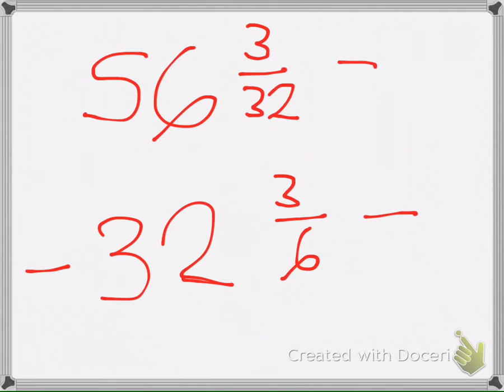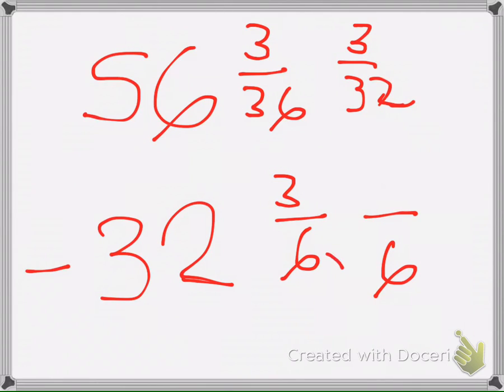We need to find a common denominator. Well, the least common denominator we need to find. 32 is not a common denominator of 6. Oh, wait, never mind. Oops. I meant to write 36. 6 times 6 is 36.